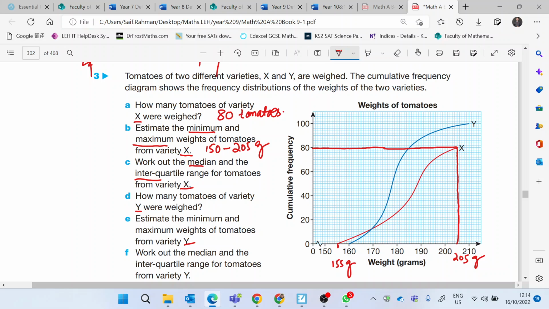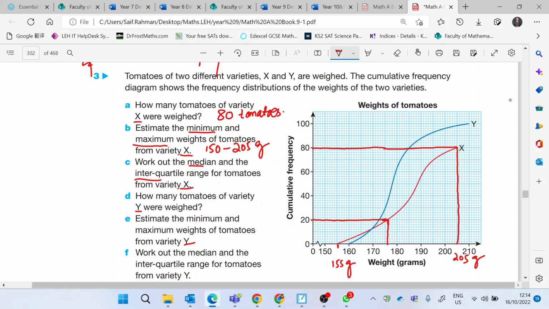Median and interquartile range. So the total were 80. So the median was 80 divided by 4. So it was like 20. Okay. 20 and 170, 75, 76.